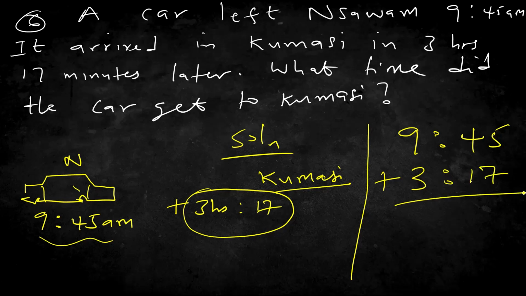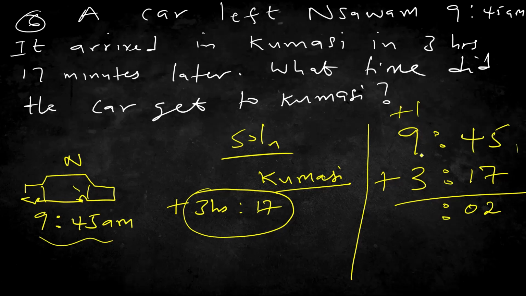When we add 15 minutes to this 45 minutes, it will be 1 hour. If I take 15 from 17, this side will be 2 minutes. So this one has given us plus 1 hour here.